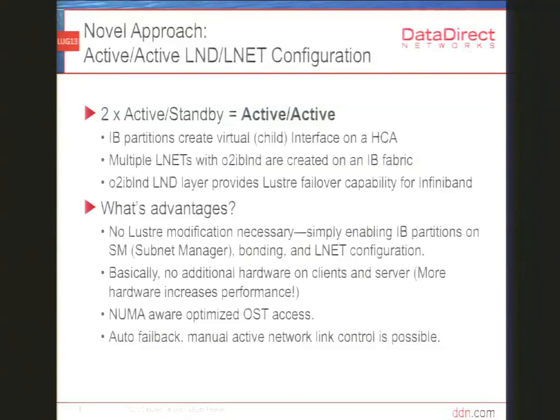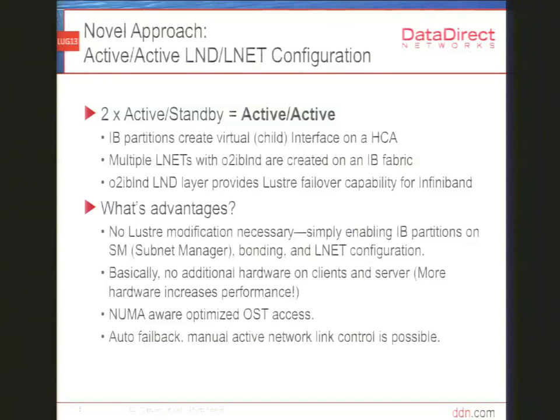So what is the advantage? We don't need any Lustre modification. It's just IB partitioning configuration, plus the extra bonding and LNET configuration. Of course, we don't need any additional hardware on the client and the server, but if we want more performance, additional hardware helps.